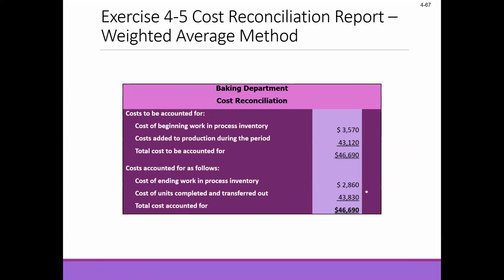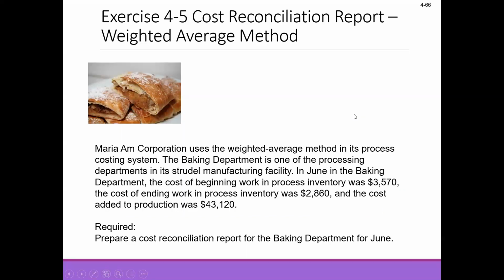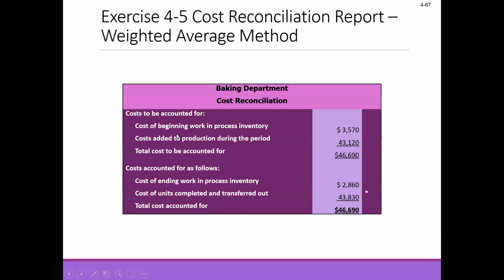So we show the beginning WIP of 3,570, which is here, 3,570. The cost added to production, 43,120, gives us our total cost to be accounted for, 46,690. Now we need to account for all of it.